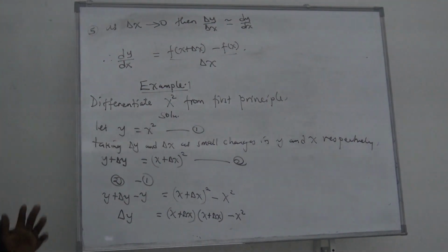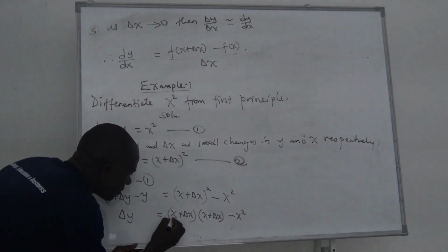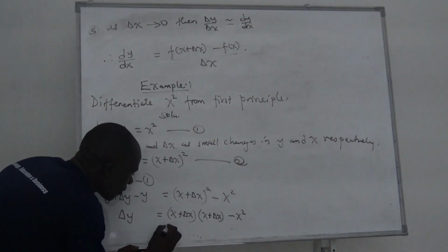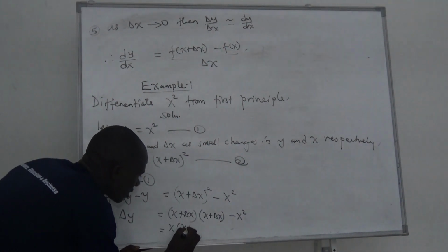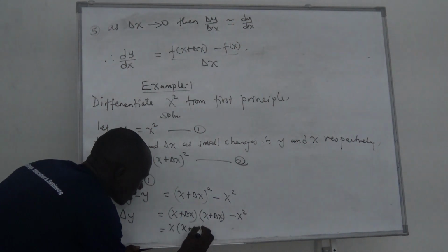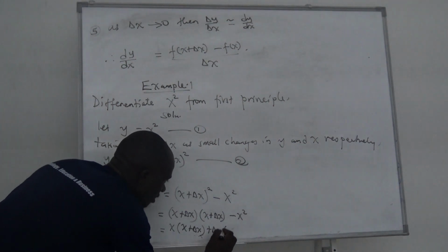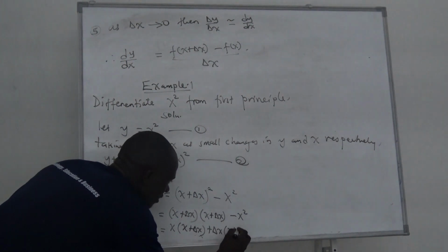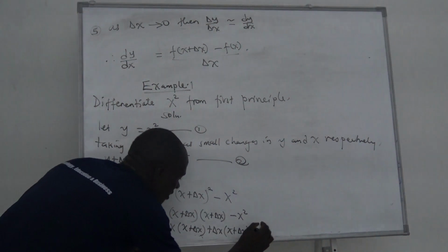We open by multiplying the first variable into the second: x into x plus delta x, then plus delta x into x plus delta x, then minus x squared.